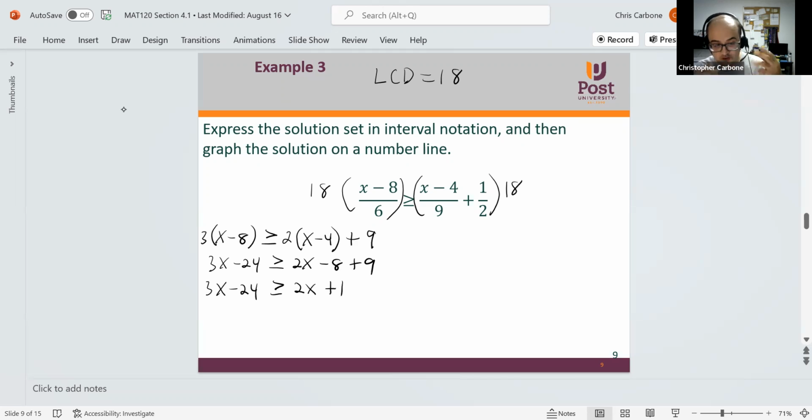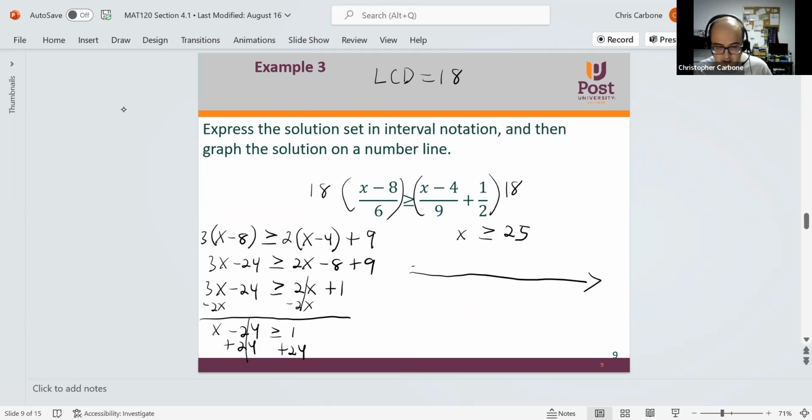And now we can move x terms and constant terms. Subtract the 2x from both sides. These cancel. x minus 24 is greater than or equal to 1, positive 1. We can add 24 to both sides to isolate this x. And we are left with x is greater than or equal to 25.